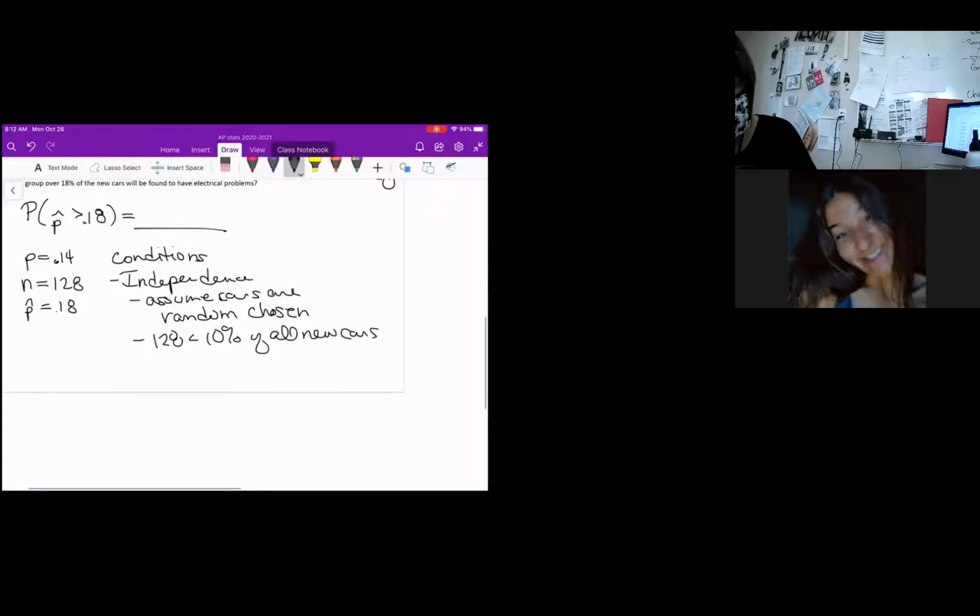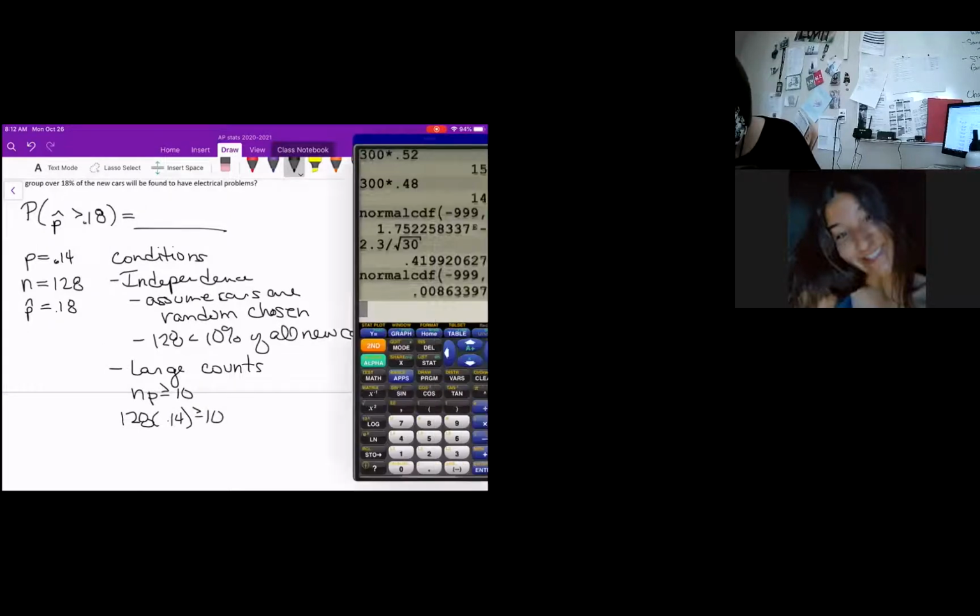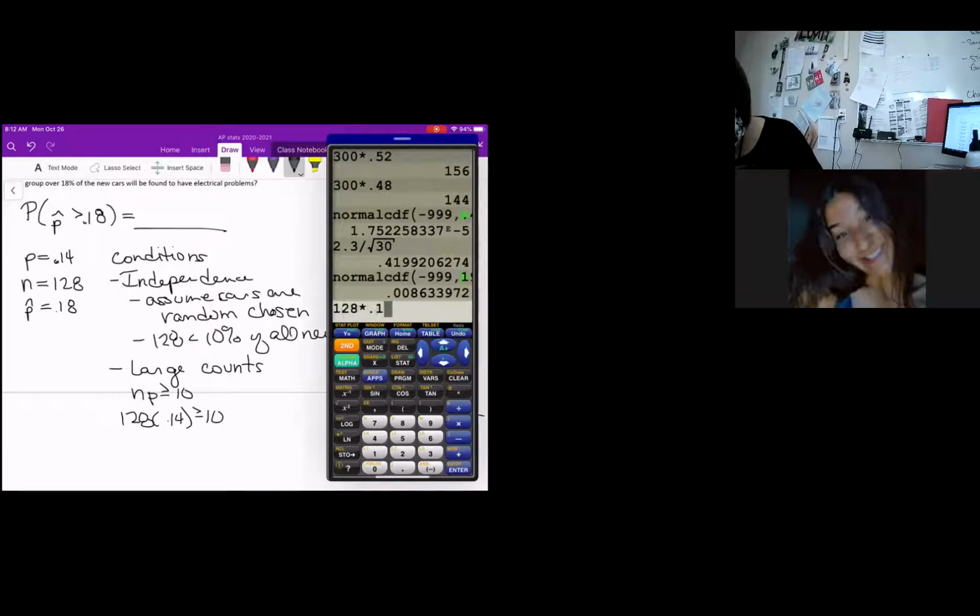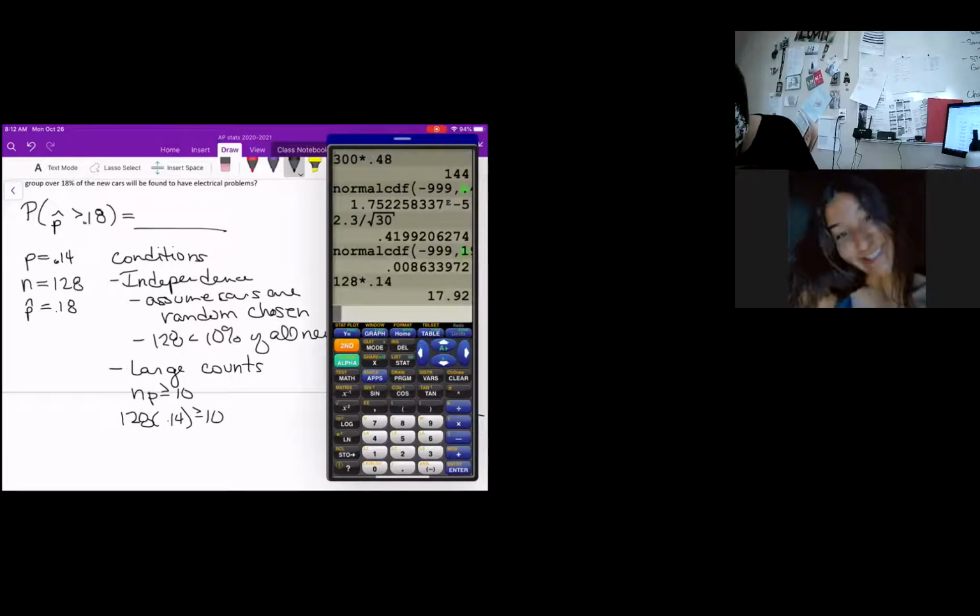Now for our large counts for this one, this is where we need to have at least 10 successes and 10 failures. So n times p has to be greater than or equal to 10. So 128 times 0.14, is that greater or equal to 10? And that's 17.92.